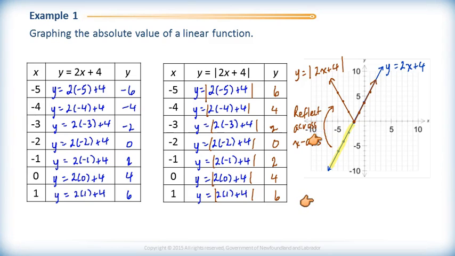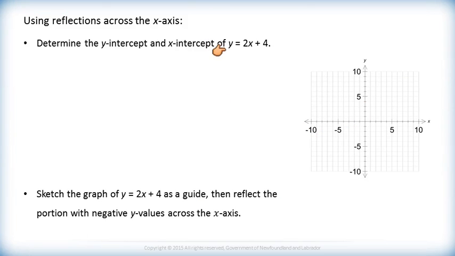Now, that suggests a shortcut method for sketching the absolute value graph in the first place. We'll use the graph of y equals 2x plus 4 as a guide. We only need a couple of points to actually graph it. So we'll go with the y-intercept, where we substitute x equals 0.